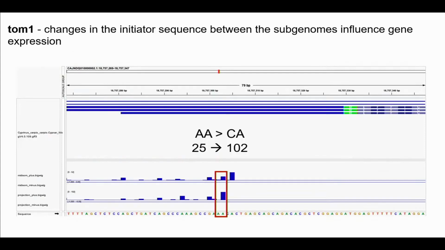And here is one example of a non-canonical initiator transitioning into a canonical initiator, and we see that the expression actually increases 4 times.